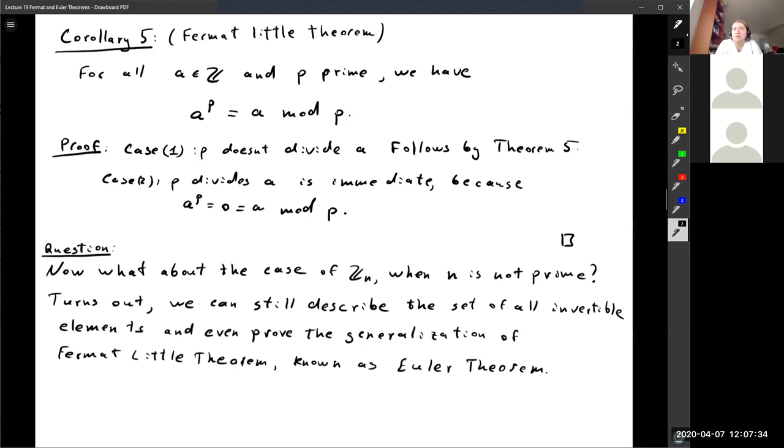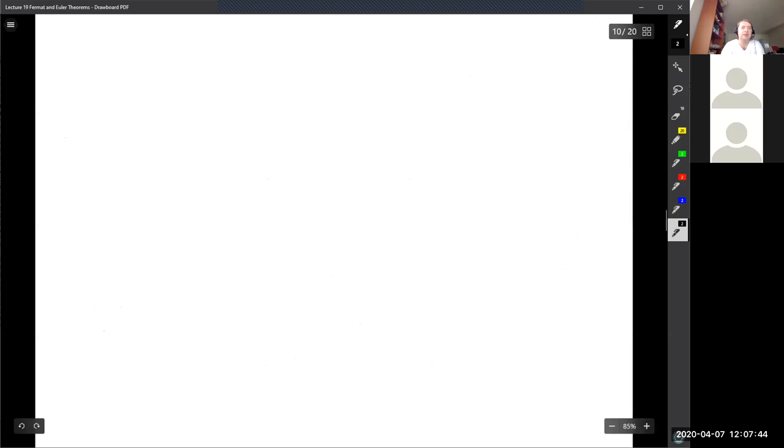However, this doesn't immediately imply that the elements which are not zero divisors have a multiplicative inverse. But this is in fact true, and that will be our next theorem. That'll be theorem 6.